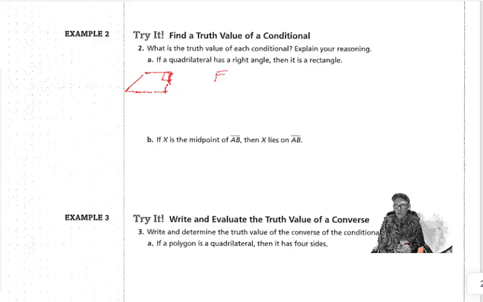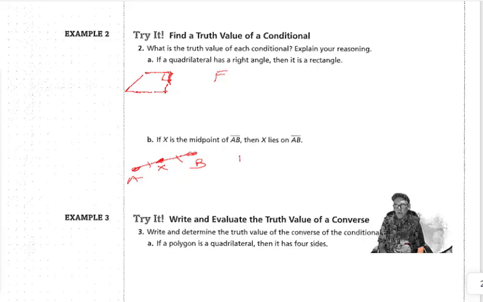Let's sketch a diagram that goes with part B here. So if x is the midpoint of AB, and we got x here in the middle, and they're telling us it's the midpoint, then x lies on AB.